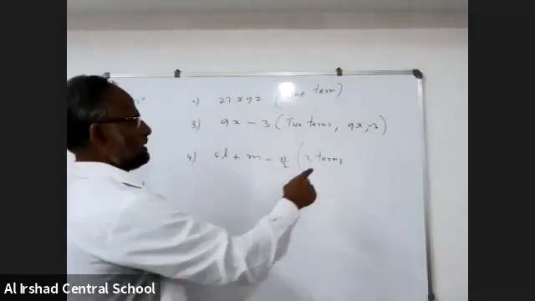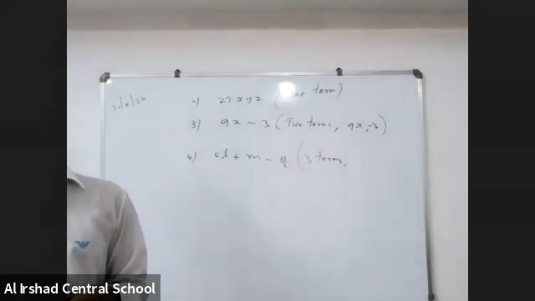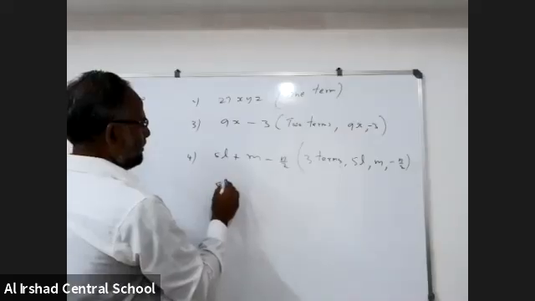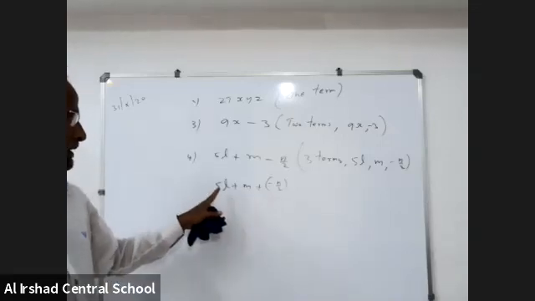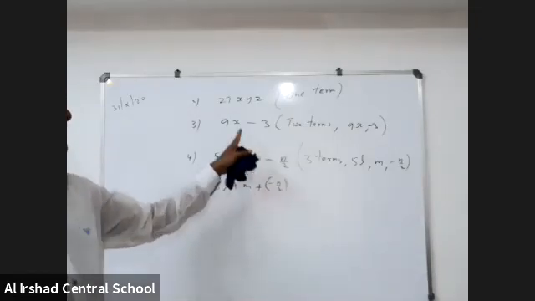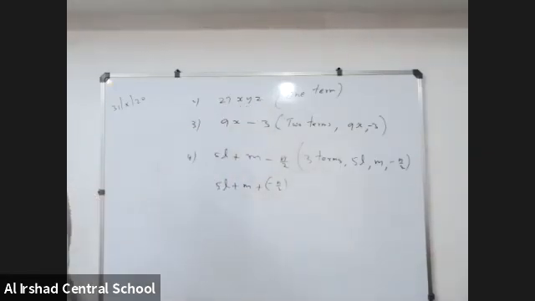Which are the terms? 5l and m and minus n by 2. ഇത് നമ്മൾ ഇങ്ങനെ എഴുതാൻ പറ്റും: 5l plus m plus minus n by 2. Terms are separated by addition, that means 5l is the first term, m the second term, minus n by 2 the third term. Here one term: 27 into x into y into z, one term only. Okay, I think you understood the terms.